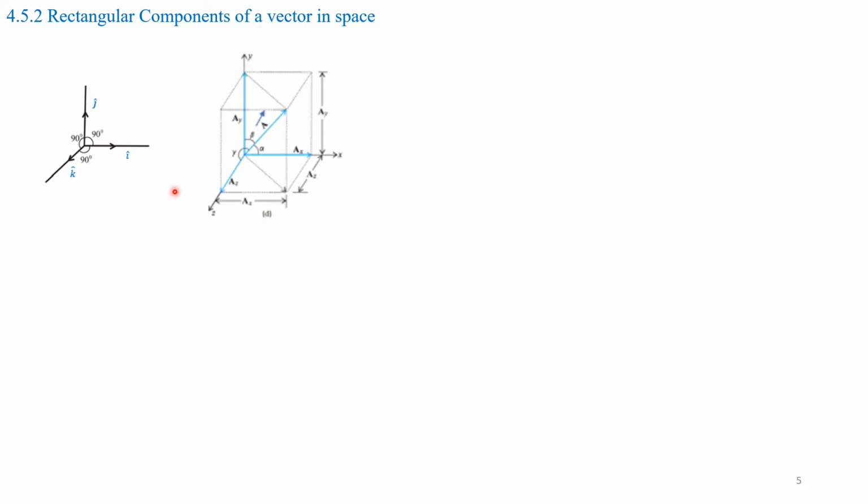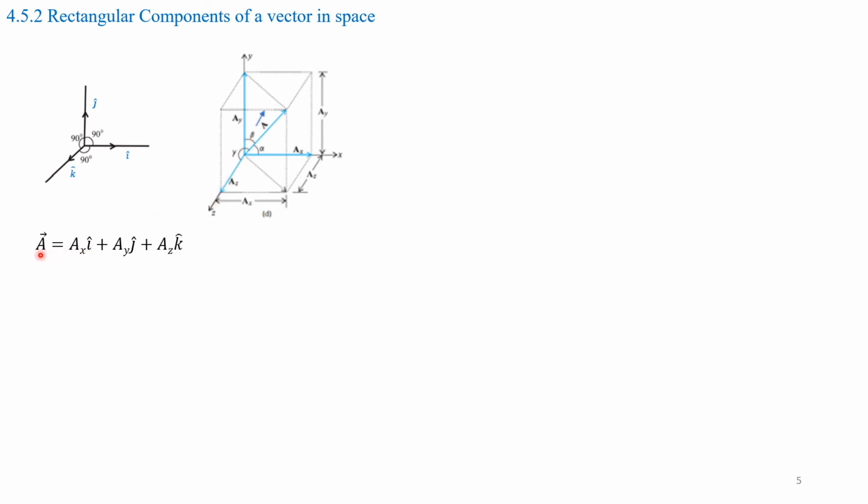Now, consider a vector A as shown in the figure on the right hand side. This is the vector A, which is inclined at an angle alpha to the x-axis, angle beta with respect to the y-axis, and angle gamma with respect to the z-axis. So the vector A has three components: AX along the x-axis, AY along the y-axis, and AZ along the z-axis.